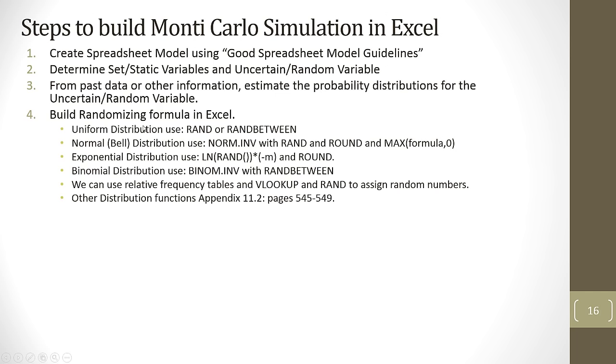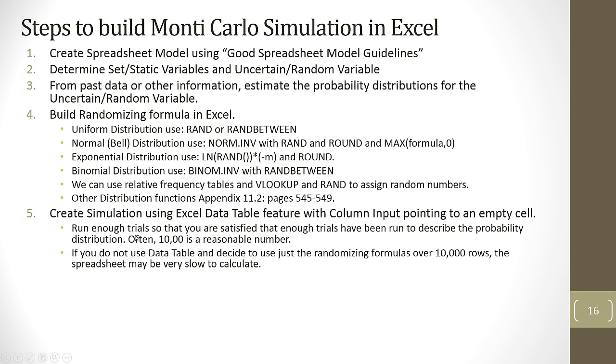Step 4, build randomized formulas in Excel. In the next few videos, we'll see various ways to create random variables. In this video, we saw the RANDBETWEEN. Step 5, create a simulation using that awesome Excel data table feature and the column input pointing to an empty cell. That one speeds up calculation.